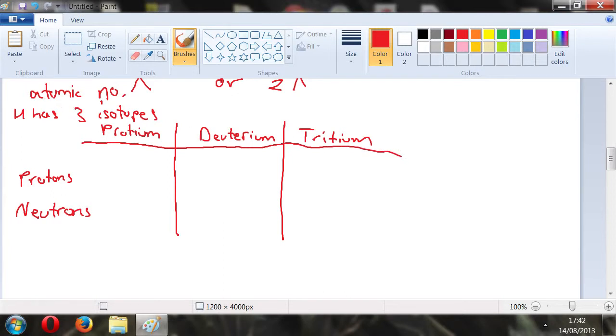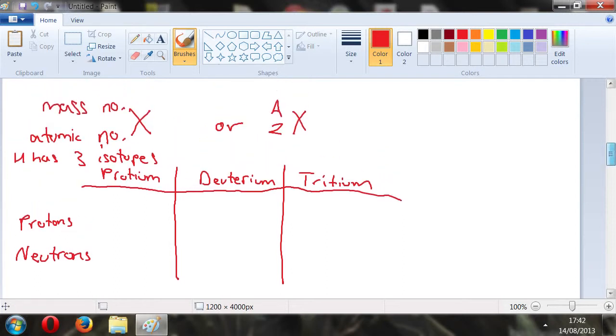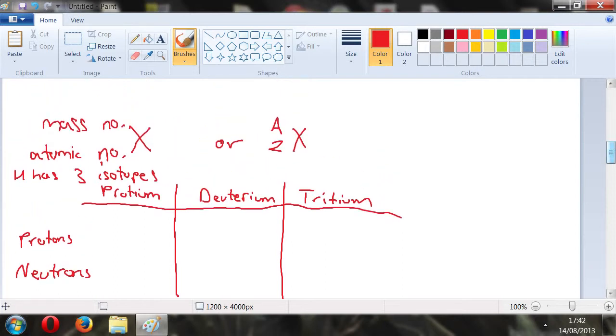If we just go up a bit actually, so we can see what we're dealing with. We'll put the H here. Now the atomic number, like I've mentioned, is always going to be 1, because it's right at the beginning. Now we have to look at how many neutrons there are.